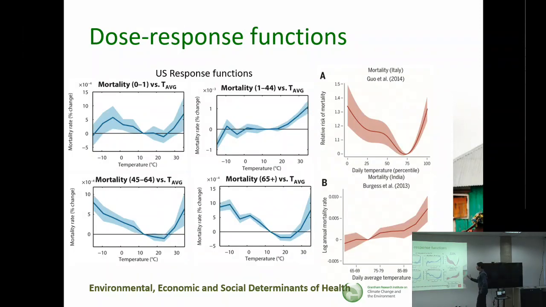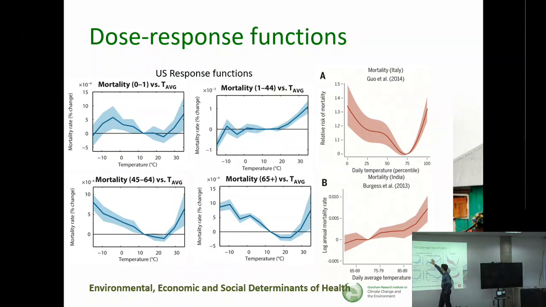So the outcome is what we call a dose response curve. The curve describes what the response is to a dose of some temperature. These are each curves that tell you, for a given temperature on a given day, what is the average increase or decrease in death rates that you'll get for different age groups.